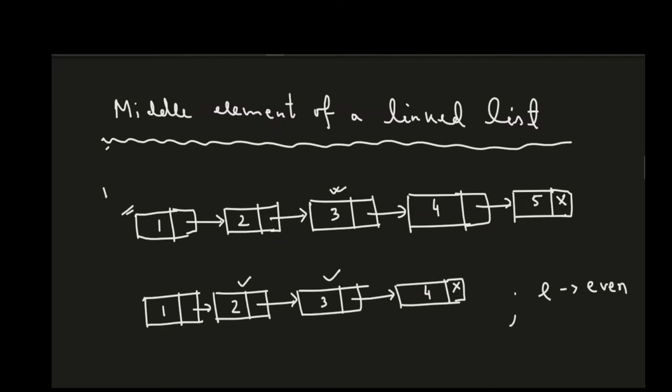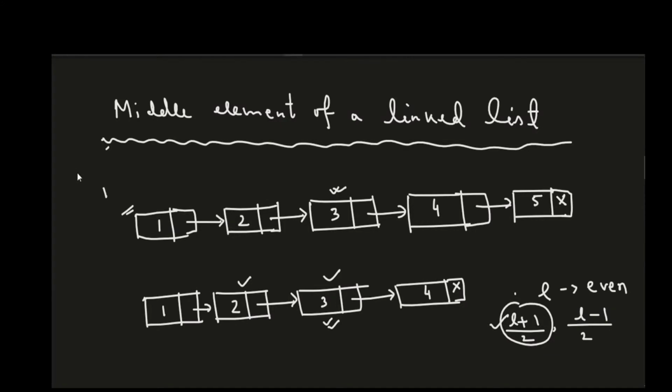They are in the positions (L plus 1) by 2 and (L minus 1) by 2. So we will consider this one. So the output of our function will be the integer in this node, right?